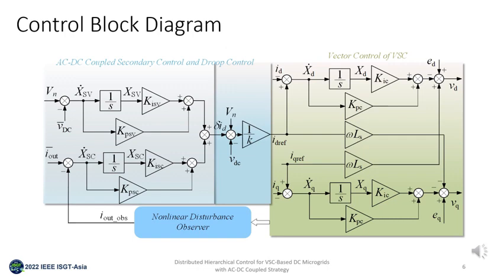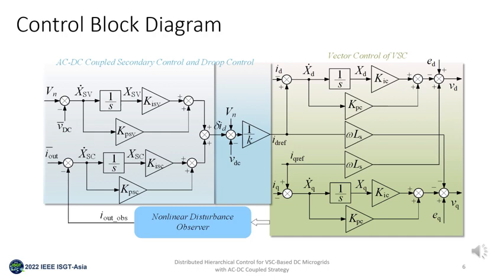In this part, the detailed control block diagram is shown here. First, for the secondary layer, the AC-DC coupled secondary control uses two PI controllers to generate one compensation term for the primary layer. And in the primary layer, a droop characteristic with droop gain K is used to generate the D-axis current reference directly.